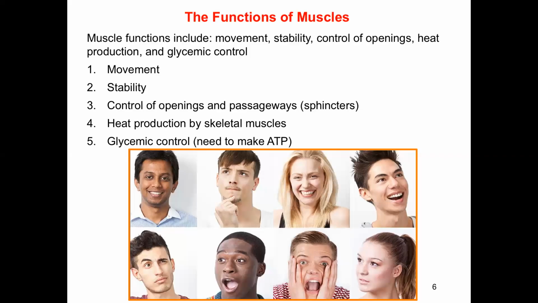So the muscles really are a sink for glucose, because they need to make ATP. So of course, they have a huge role to play in your glycemic control, or your blood sugar levels. All right. So hopefully those things make sense to you, and it's not just memorizing things by rote, which I hate. I hate it when students do that. So make sure that this makes sense to you. All right.